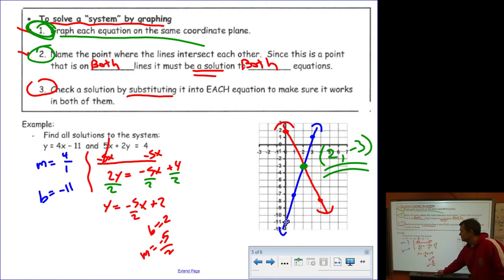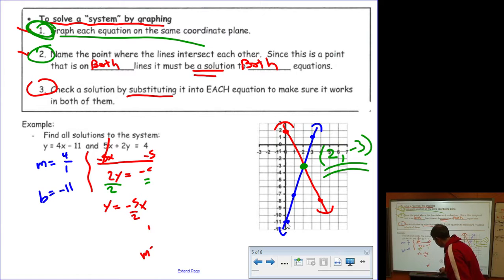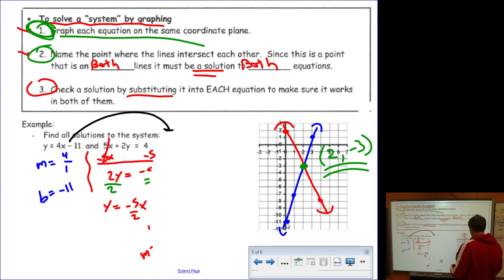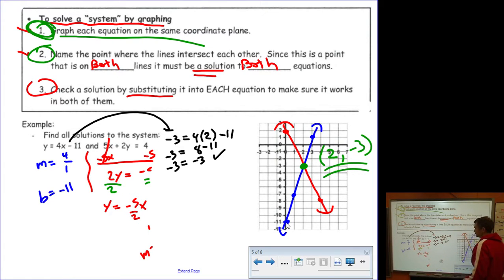All right, let me go over here and check my answer to see if it is. I'm going to take this first equation and rewrite it as negative 3 equals 4 times 2 minus 11. Is that the correct answer? That'd be negative 3 equals 8 minus 11, or negative 3 equals negative 3.